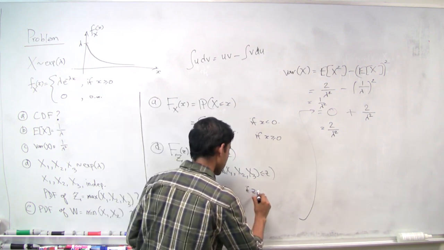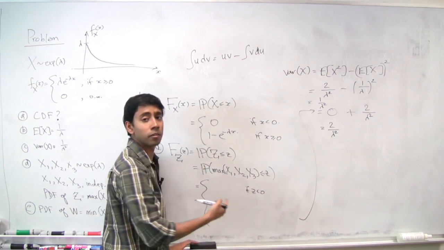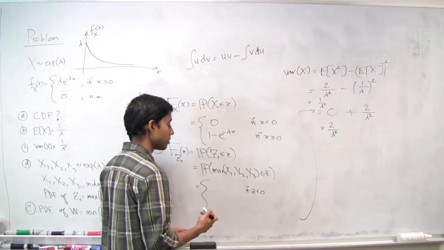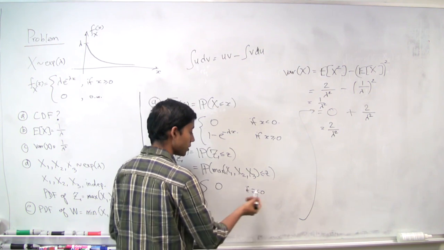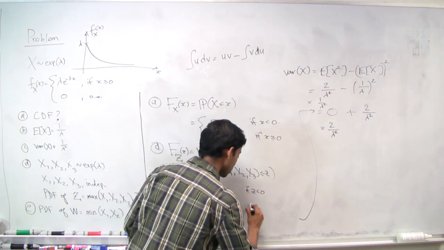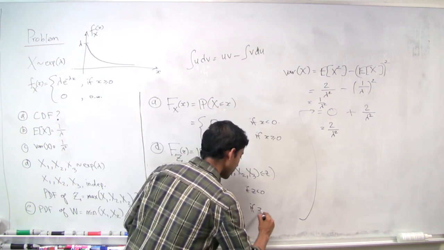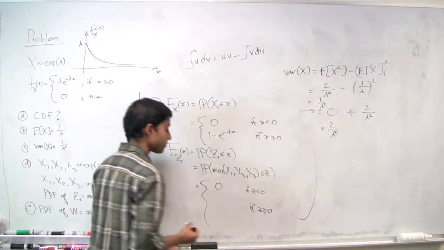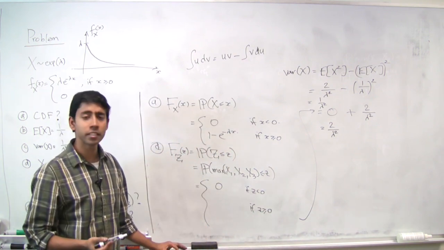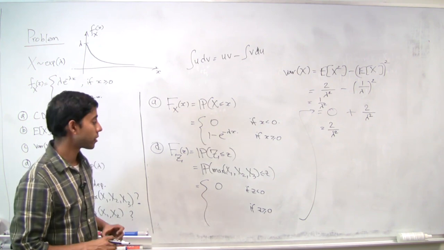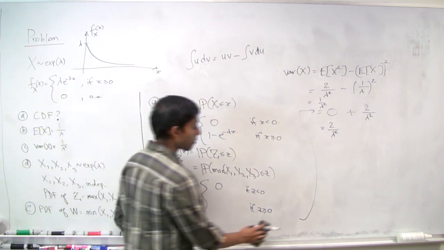If z is less than 0, x1, x2, x3 are non-negative, and so you're not going to have any probability there. If z is greater than or equal to 0, it's where it gets interesting. We need to do something special.